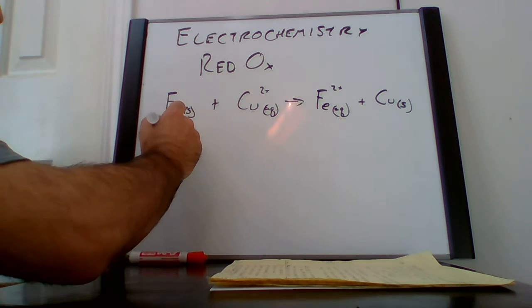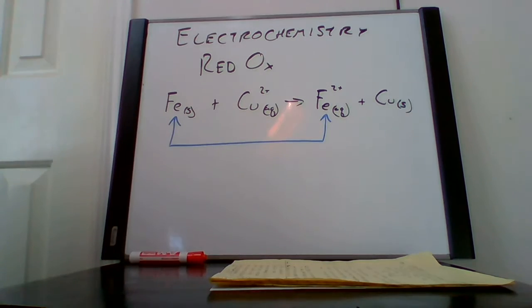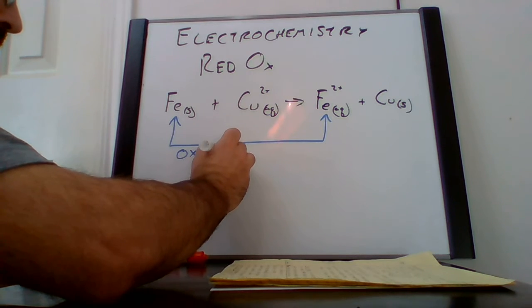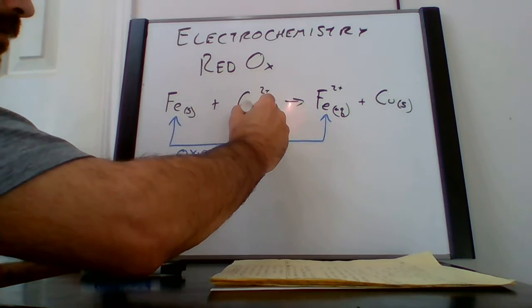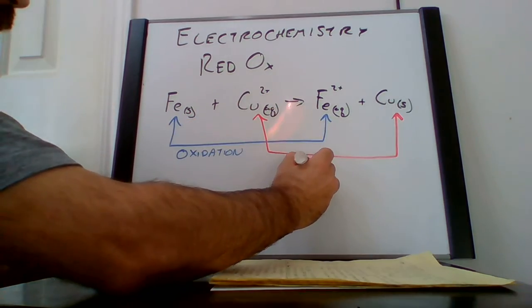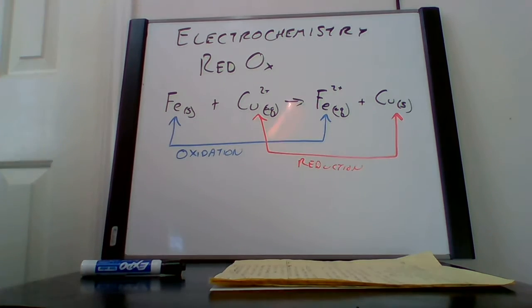And so what we have here is this iron, okay, and this iron is undergoing oxidation. Okay, and at the same time, our copper is undergoing reduction. Okay.